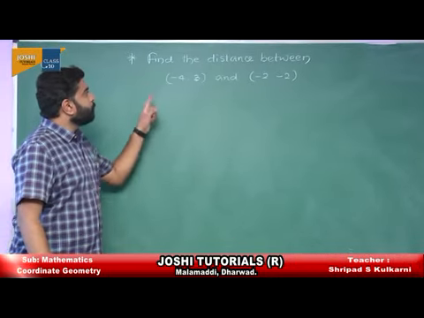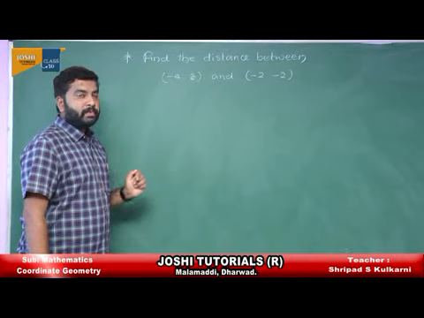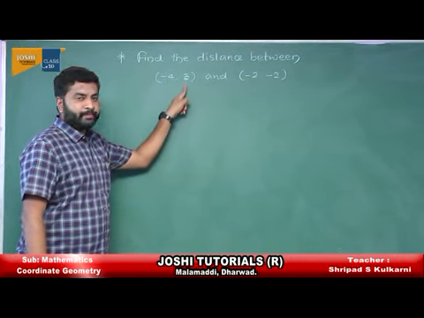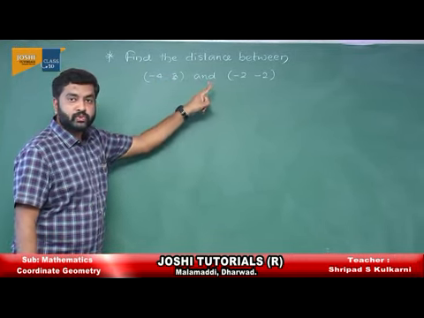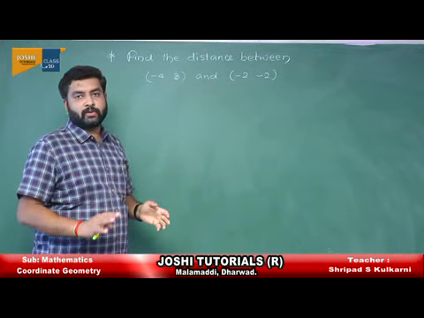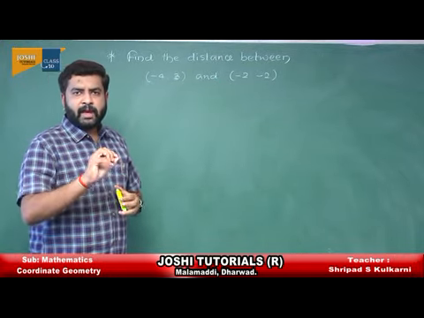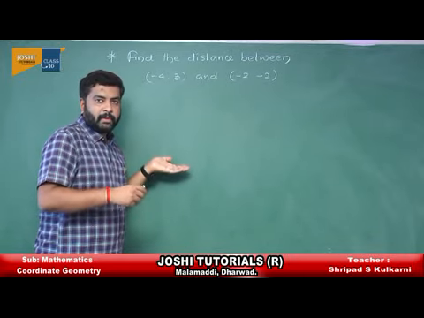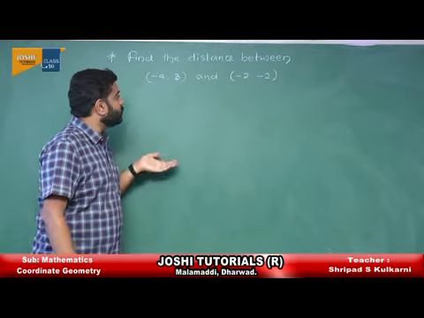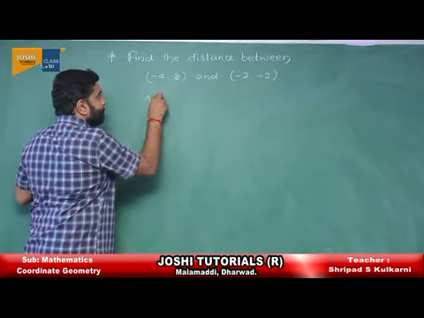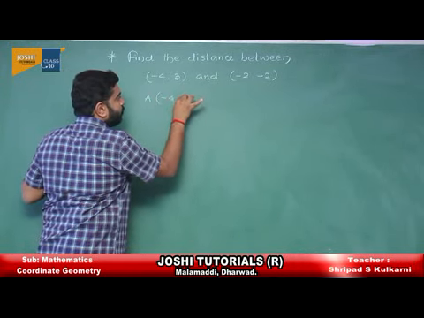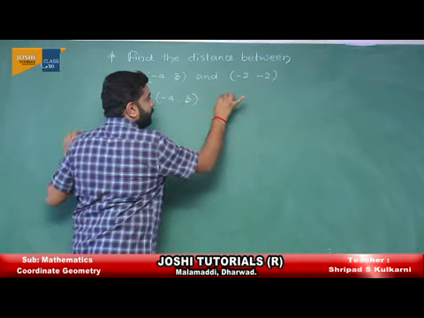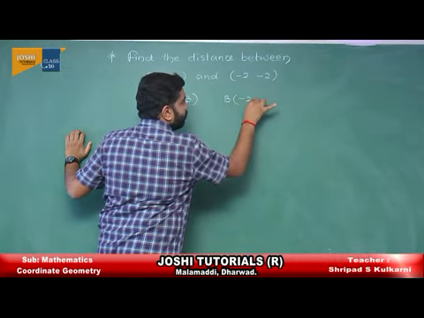Second example. Find the distance between (minus 4, 3) and (minus 2, minus 2). They have given the question like this. Same type of question, similar formula, so the same formula we need to use and solve. A is (minus 4, 3), B is (minus 2, minus 2).